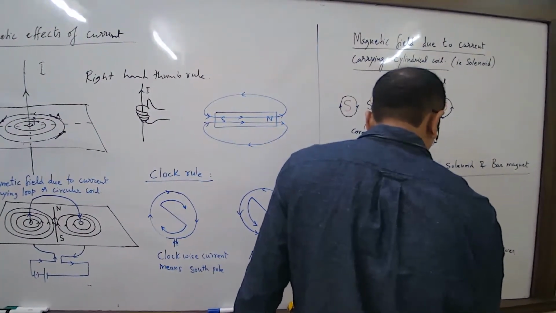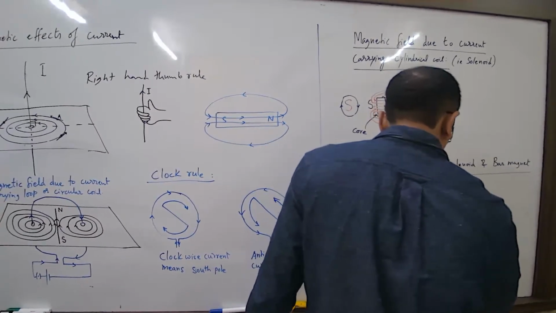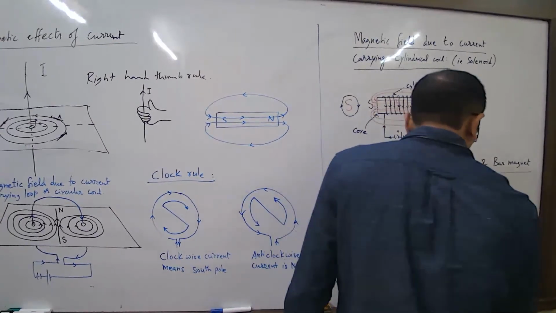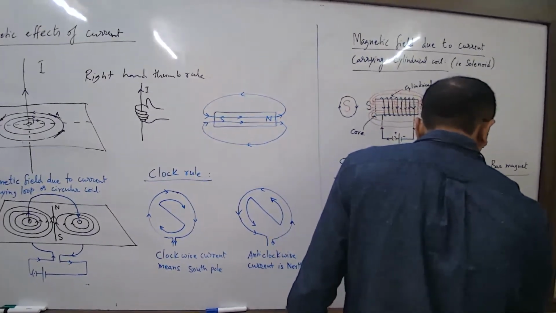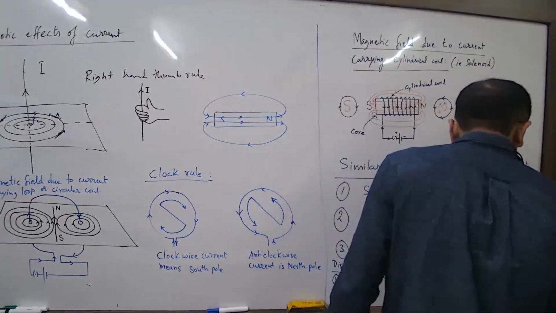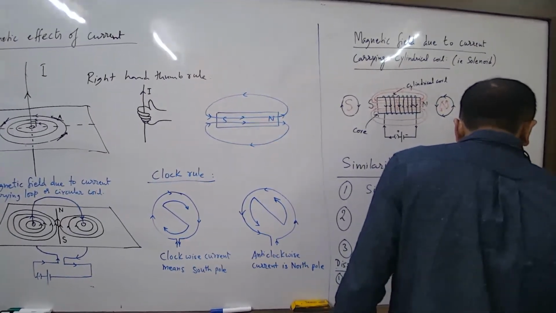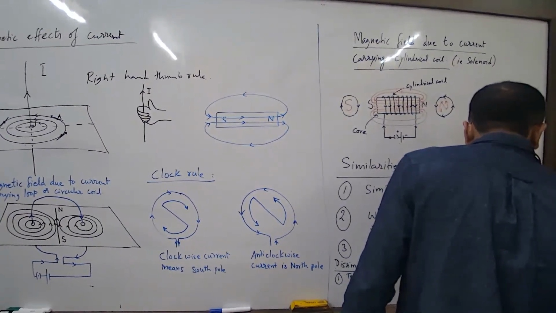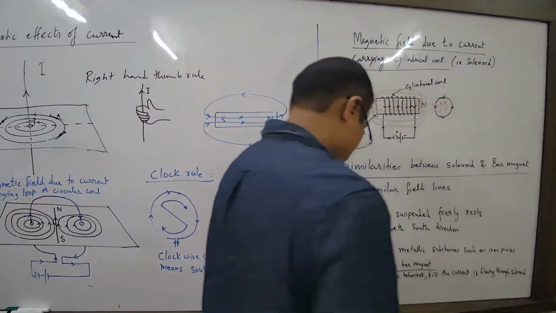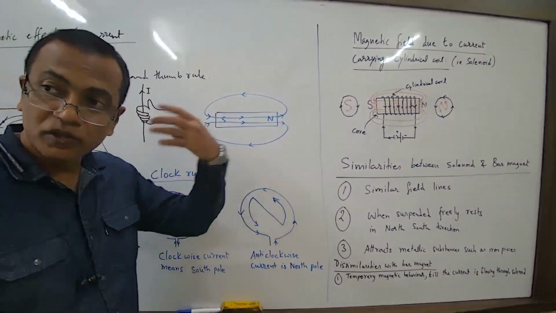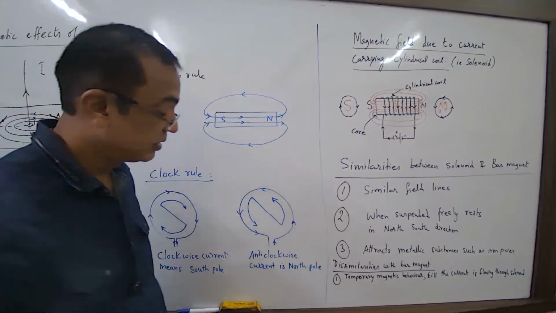Till the current is flowing through solenoid. ठीक है ना? So unlike bar magnet जो हमेशा ही मैग्नेटिक रहेगा, ठीक है.